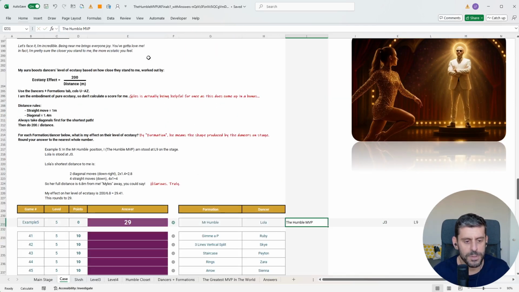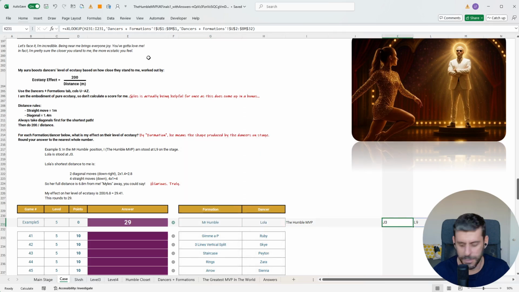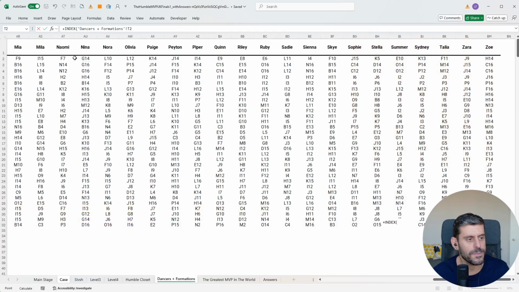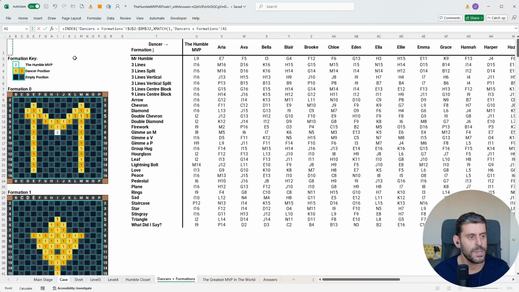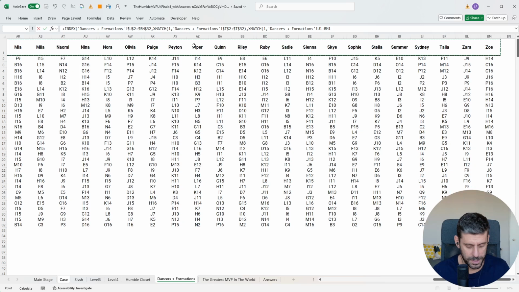So this gives you the positions. Nope, actually not true, because we need also to account for the locations. So it's actually an index match. Sorry, so want the position, so lock, and then x match formations first here, and then x match the dancers here.